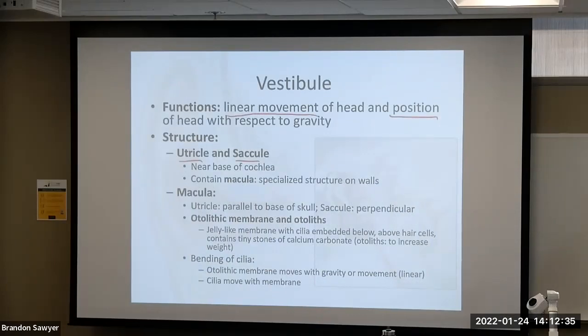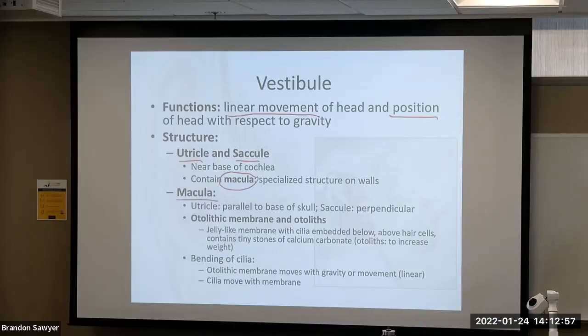These both contain what's called a macula, and the macula is the place where the hair cells are in the vestibule. So inside the vestibule we have the utricle and the saccule, and inside each of those there's a macula. Lots of strange words for sure.